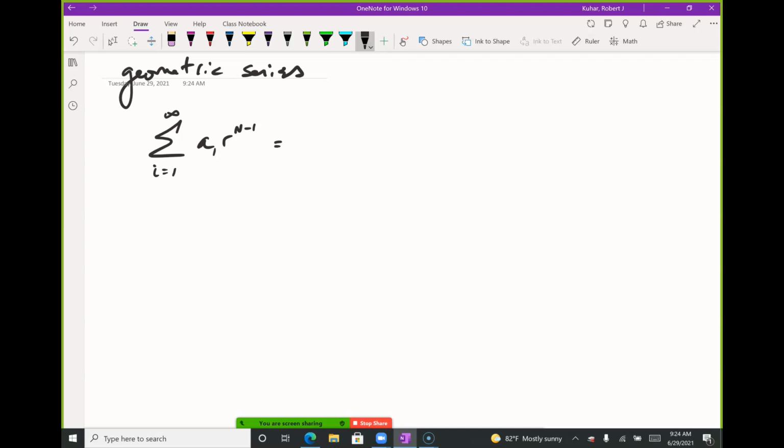And r is that common ratio, or that thing I'm multiplying by, right? So I take any previous term, sorry, I take a sub n divided by a sub n minus 1, and I'm going to get the ratio r. I take any term, divide by the previous term, I'm going to get that common multiple, right?